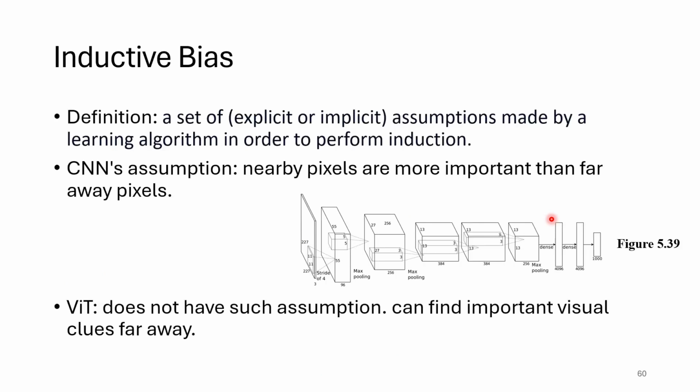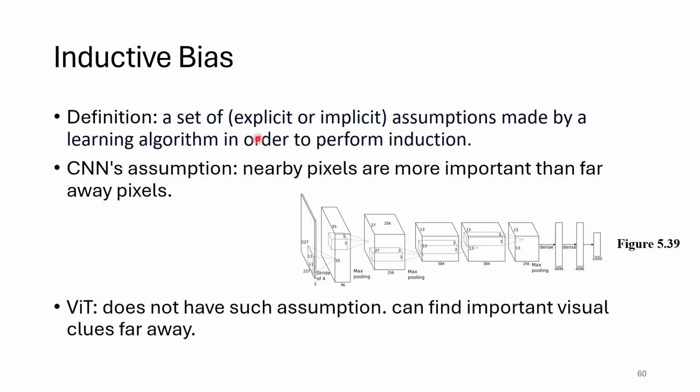All right. Okay, so let's talk about this. Currently the state-of-the-art image classification methods are all ViT based rather than CNN based. So why do we still use CNN based methods? What is the problem of a CNN based method? The problem of the CNN based method is the inductive bias.